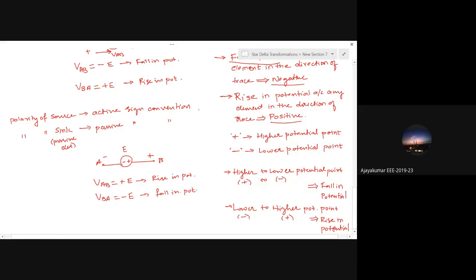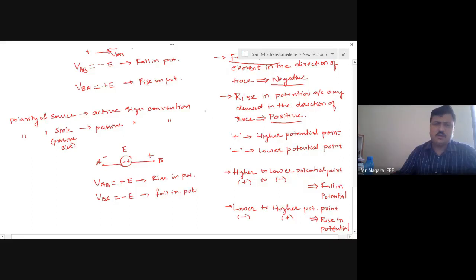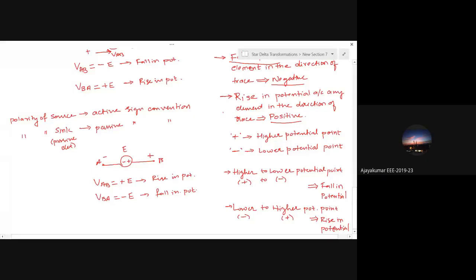No, sir. This part is of utmost importance in this entire subject. You can't afford to make mistakes in understanding KVL and applying KVL. We need this at every step of our analysis in this subject. Is it fully clear to all of you? Yes, sir.